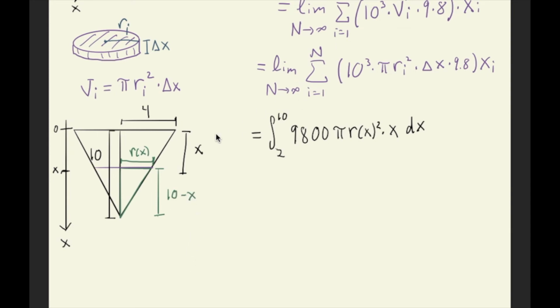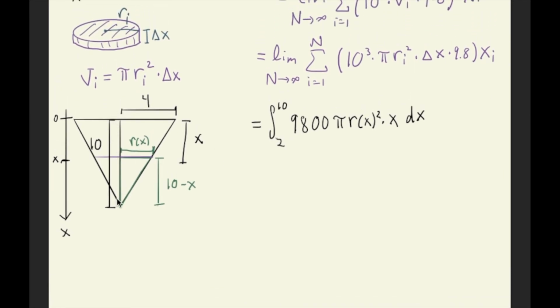And if we use triangle similarity, we know that the height of the big triangle over the base of the big triangle has to be equal to the height of the small triangle over the base of the small triangle. There are many ways of writing it, but I would just say height of the big over base of the big, so 10 over 4, has to be equal to height of the small over base of the small.